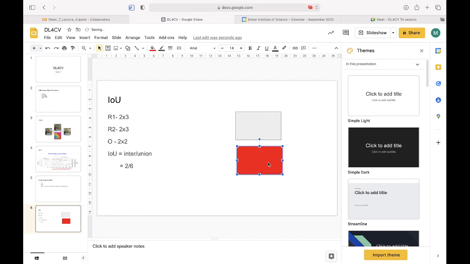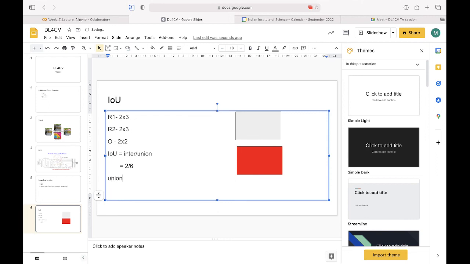Union is area of R1 plus area of R2 minus the intersection region. So union is area of R1 plus area of R2 minus the overlapping region, which is 8.